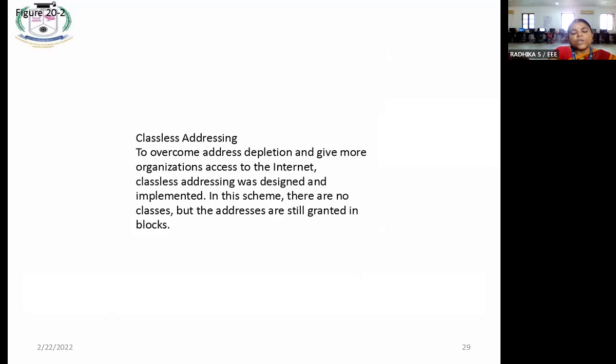So they thought of going for classless addressing. So what is classless addressing? As I told you, most of the addresses are wasted in classful addressing. To eliminate this, they tried to use classless addressing.